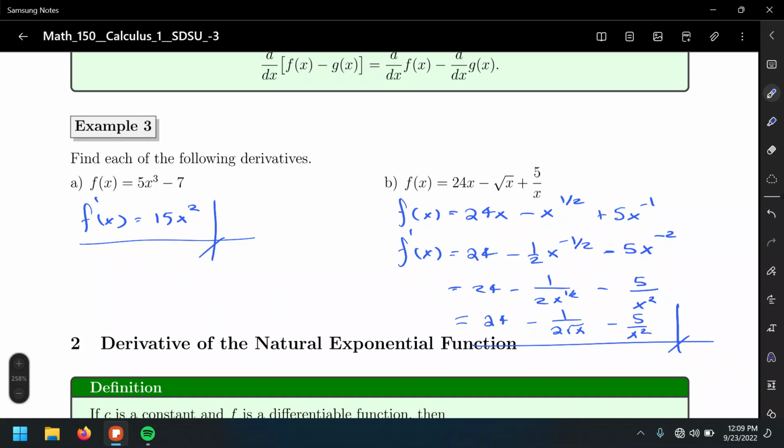Pretty simple, better than doing the limit definition for this. Imagine having to do this madness with the limit definition. Well, actually we did one individually. We did a rational one, we did a radical one, but now we're not going to do this anymore. But again, on exam 2, when you get tested on this topic, you will be asked to do at least one exercise using the limit definition.